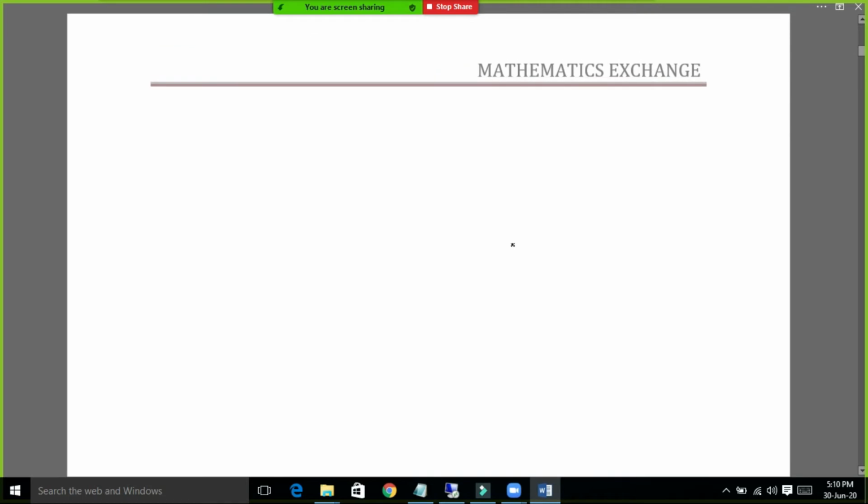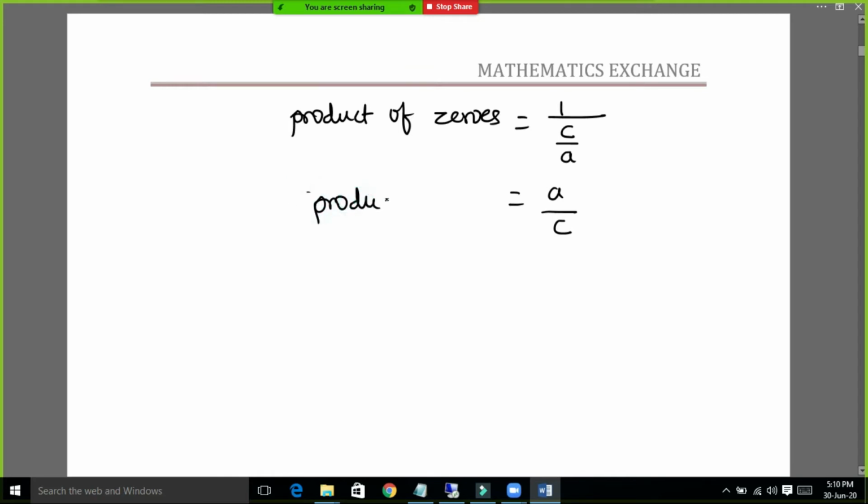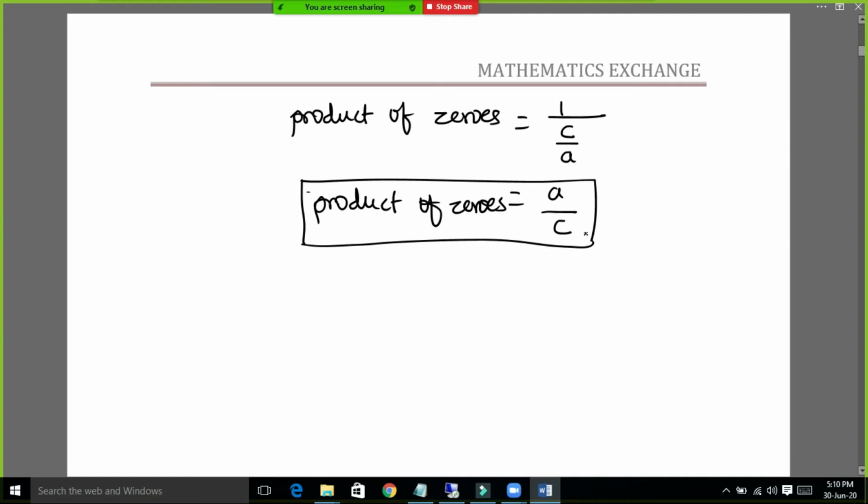So the product of zeros is equal to 1 upon c by a. Now the denominator becomes the numerator, so 1 into a upon c, that is a upon c. This is the value for the product of zeros. Now we have both values, the sum of zeros and the product of zeros. Obviously now we can form the polynomial.